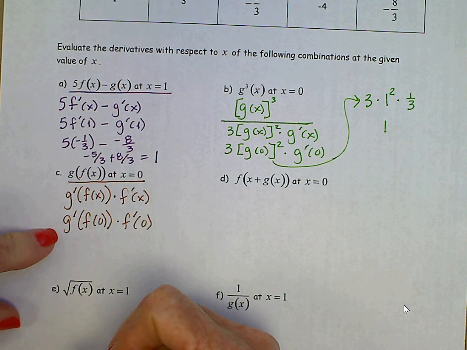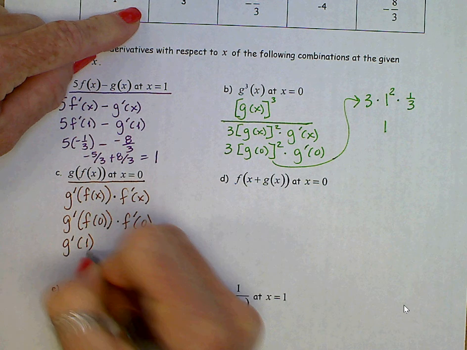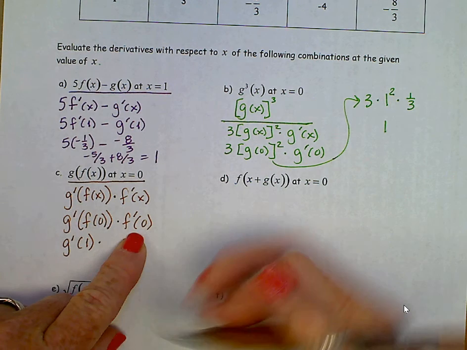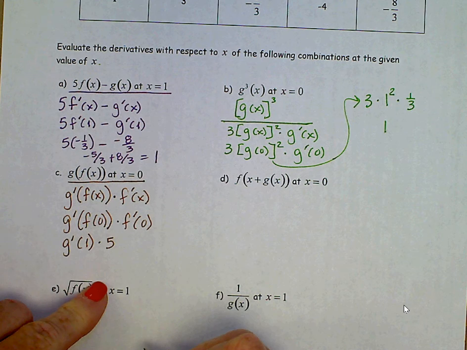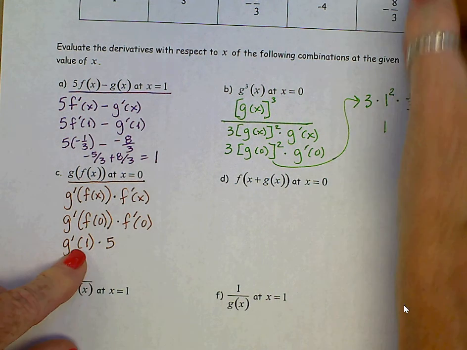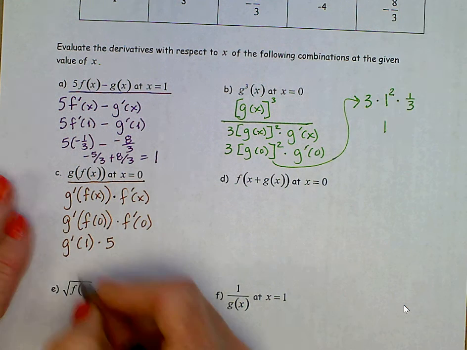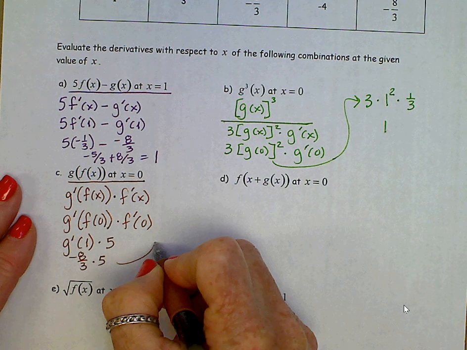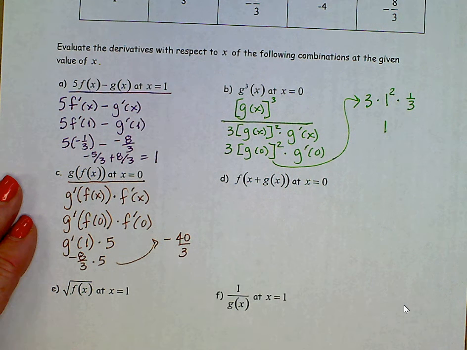Read the table. F of 0 is 1. So we have g prime of 1 times f prime of 0. F prime of 0 is 5. G prime of 1 is negative 8/3 times 5, and we end up with negative 40/3.